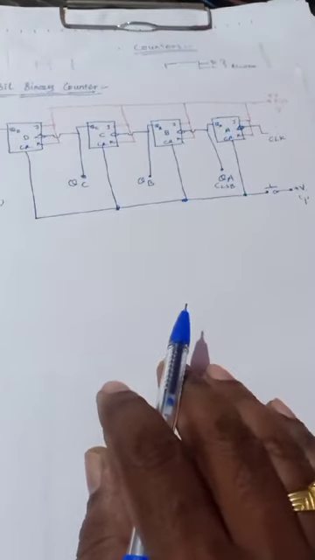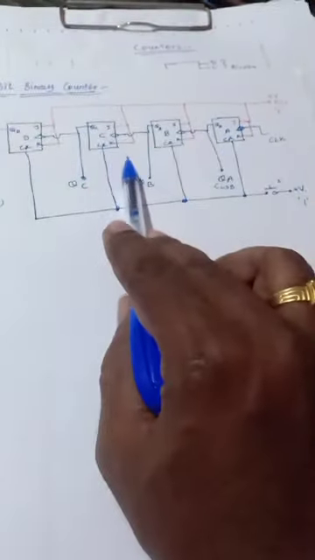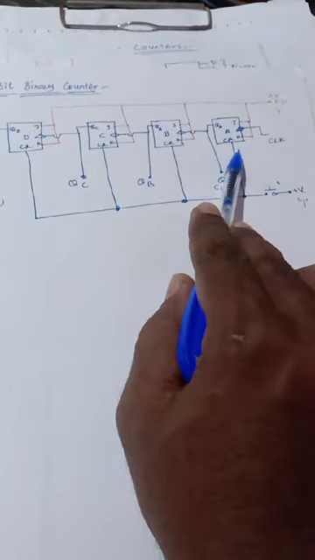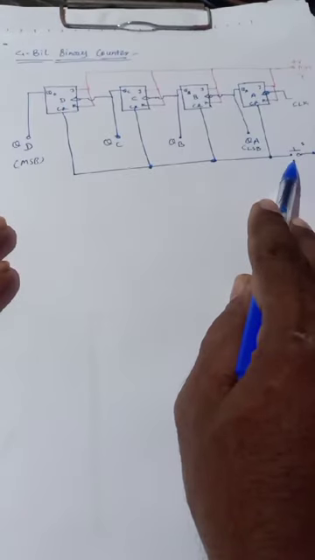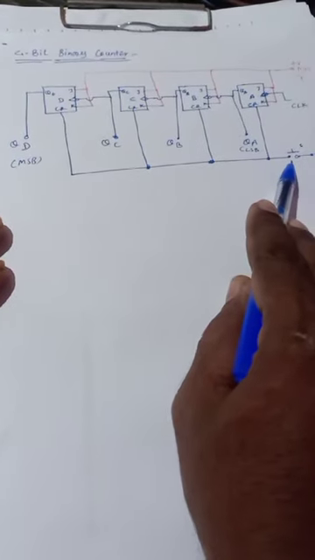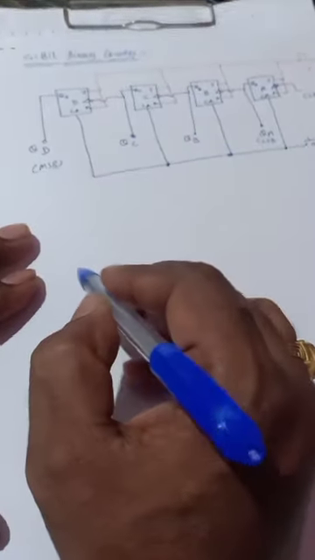So when we press the switch S, the 1 is applied to all the flip-flop clear inputs for a very short duration of time, and the flip-flops get cleared. So initially the flip-flops get cleared if we apply this input. Okay, clear. So let us see the timing diagram.